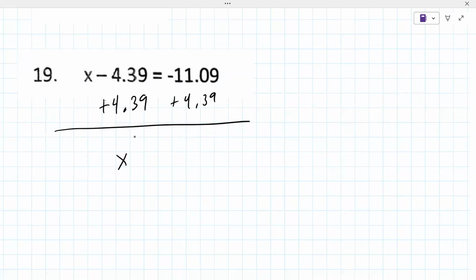So what you're really doing is -11.09 plus 4.39. And then you have to figure out how to do that. That's more like problem number 1, for example, or 3, 4, something like that. So give that a try, please, and let me know what you come up with.